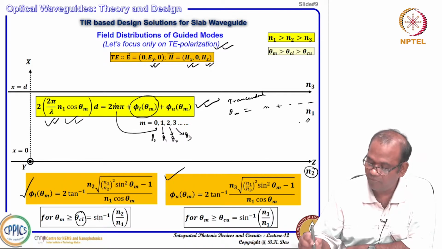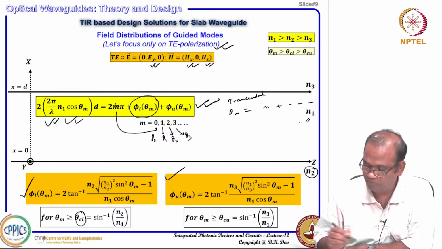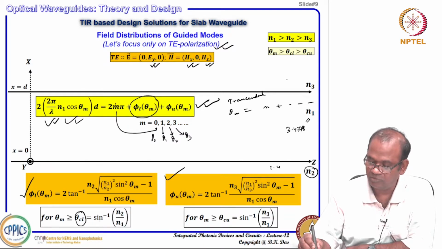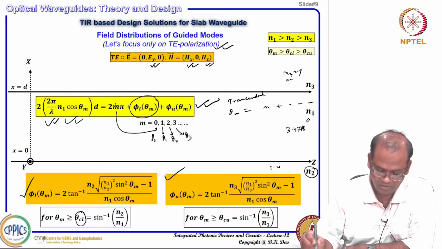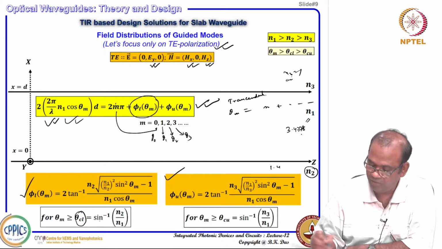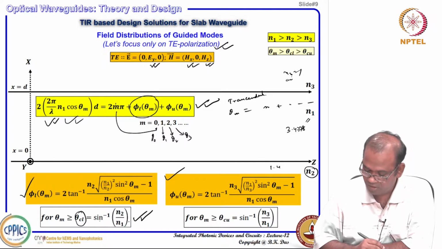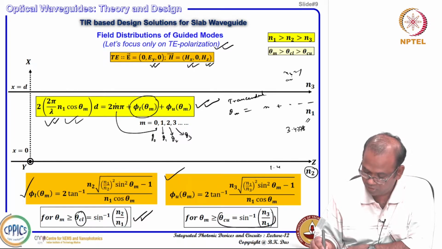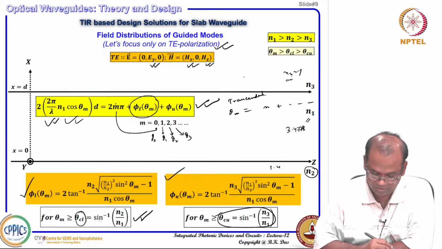I know the value of n1 in the silicon on insulator platform: silicon is 3.4778, and the oxide is 1.46 something like that, and then it will be air, so n3 equal to 1. So, n1 you know and n2 you can find out, so the critical angle is sin inverse of n2 by n1, that is 1.46 by n1. Similarly, I can also find theta cu, the critical angle for the upper interface.